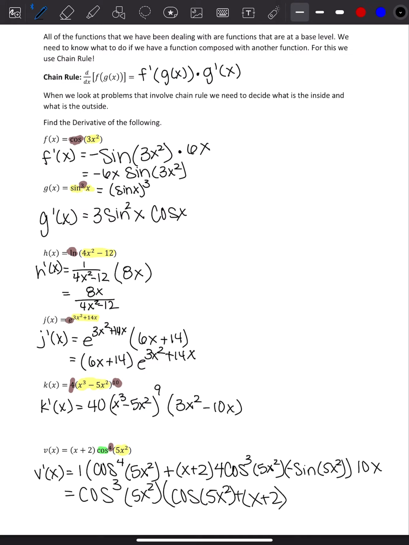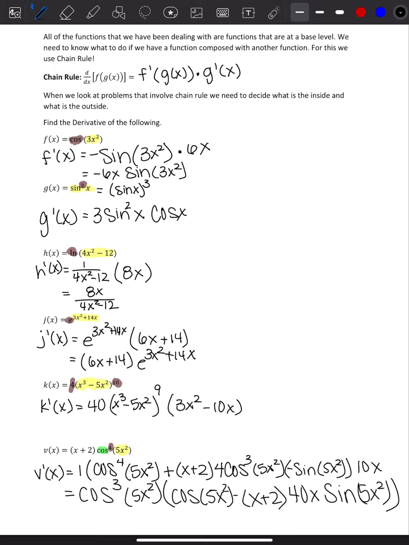We have 4 times 10, which would give us 40x. We also have this negative, so I'm going to go ahead and move this to a subtraction. So minus 40x sine 5x squared.